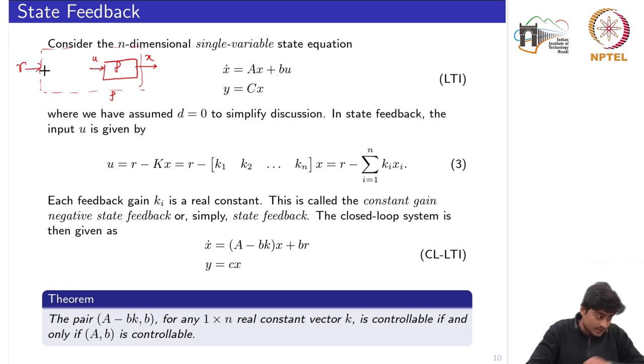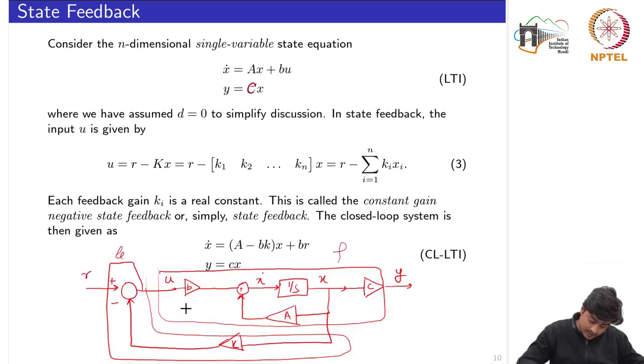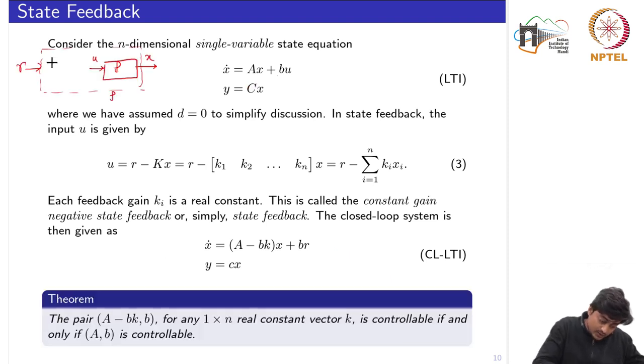Now if you recall the previous architectural description of the connection between the plant and the controller, we have substituted only this part. So here we have one controller, which is taking some feedback from the states. We can show the proof of this important result through this structural description of the block diagram.